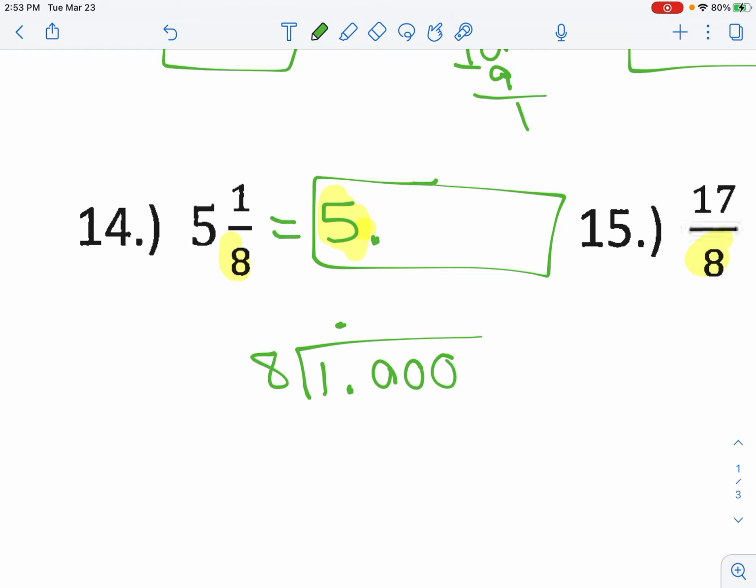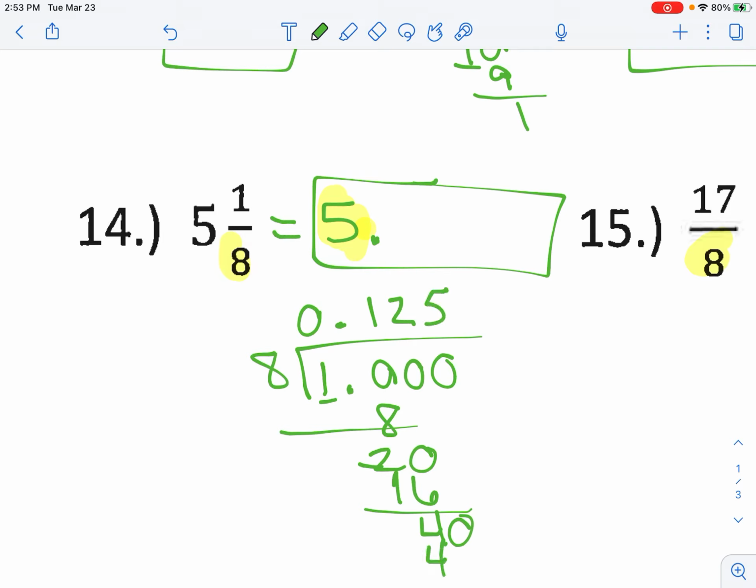Add your decimal and your zeros. So that's 5 and 125 thousandths.